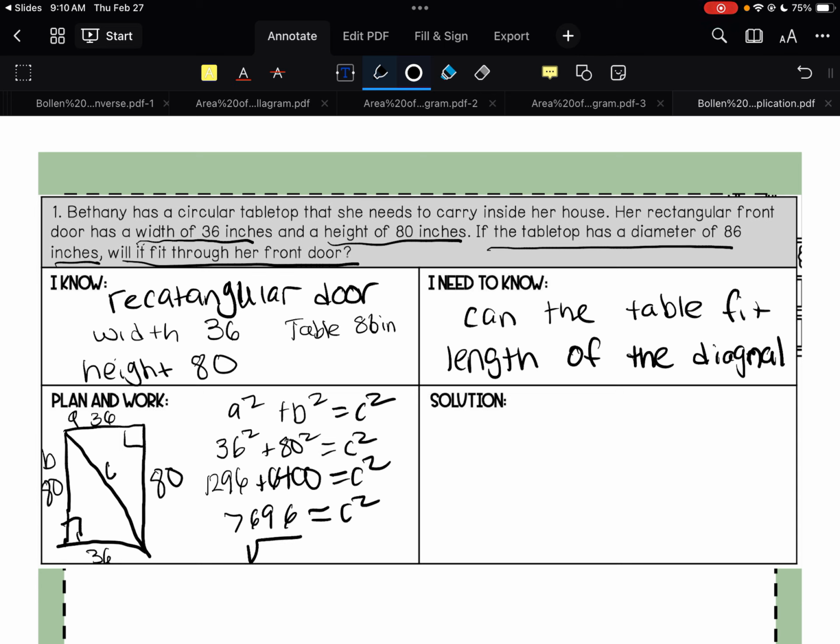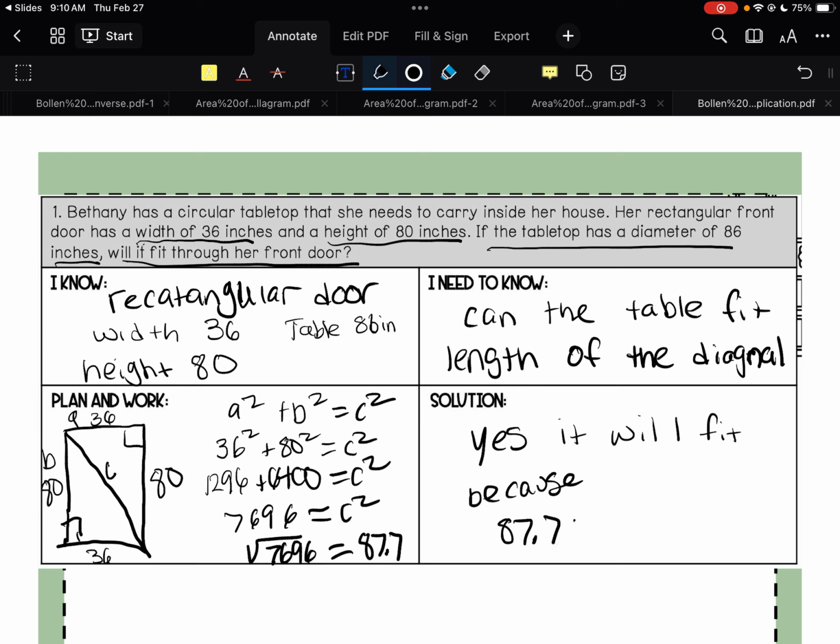So I need to find the square root of 7,696, which is equal to 87.7. So yes, it will fit because 87.7 is greater than 86.